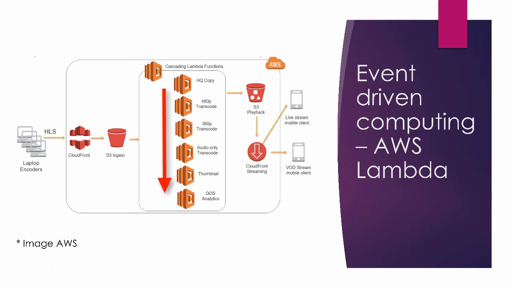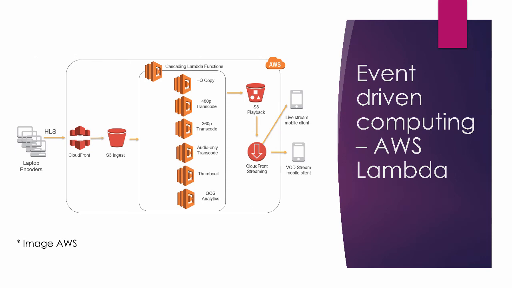The first one is to create a copy of the video. Then after it creates a copy of the video, it'll create a 480p transcode of the video for larger screens, a 360p transcode of the video for smaller screens, audio only transcode for those devices that are headless, meaning no display, a thumbnail so you can easily browse the various CTO Advisor videos, and then QoS analytics for either infrastructure or for my own consumption.